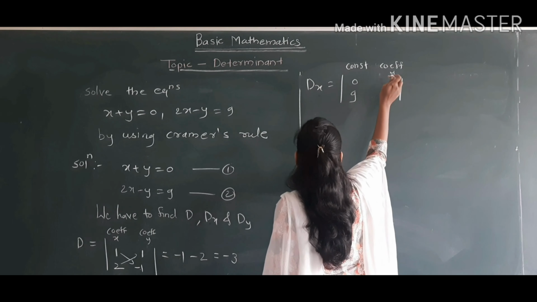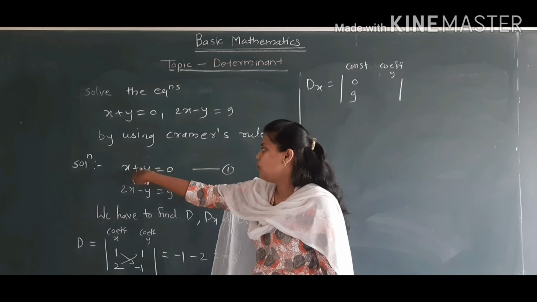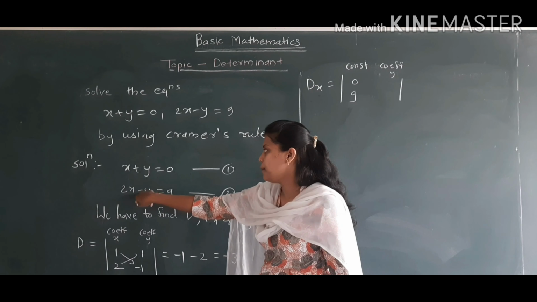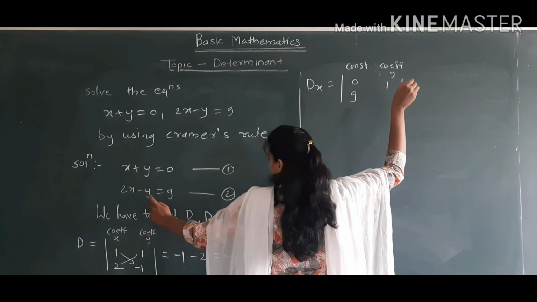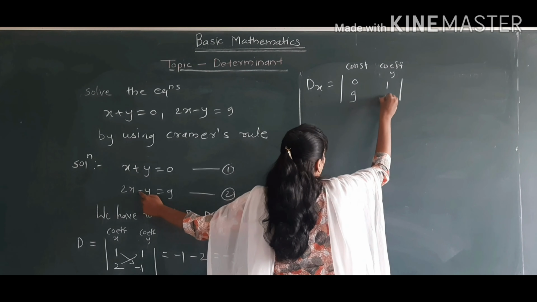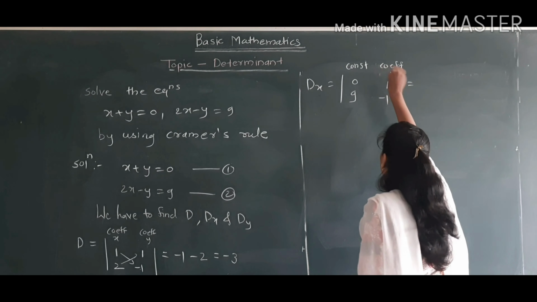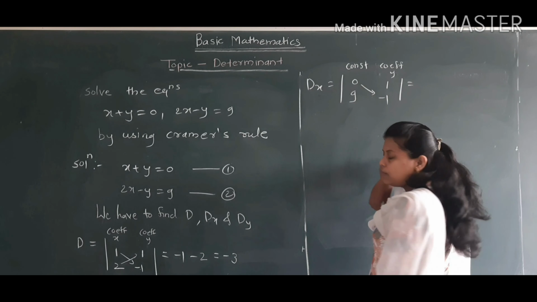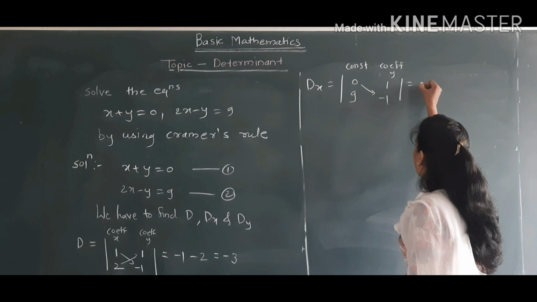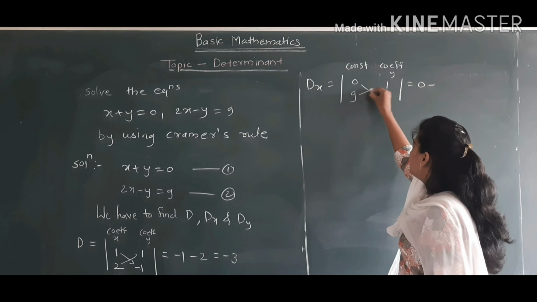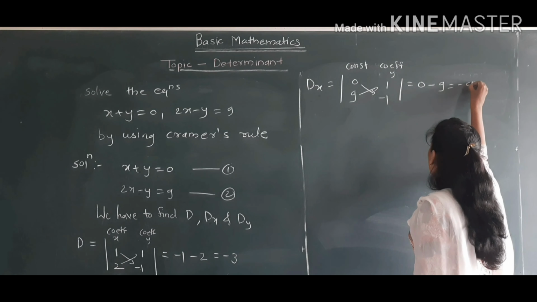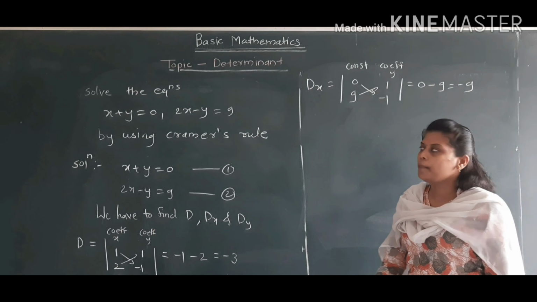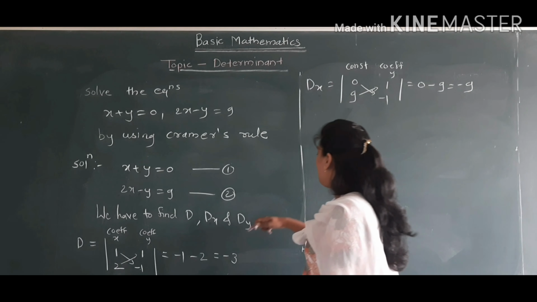The coefficient of y is 1 in equation 1 and minus 1 in equation 2. Solve this second order determinant. 0 into minus 1 is 0, minus 9 into 1 is 9. 0 minus 9, the answer is minus 9.